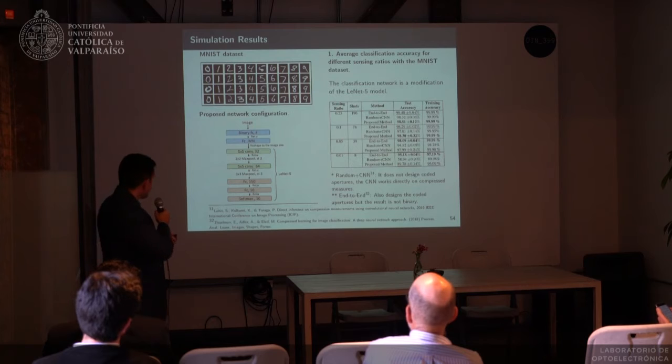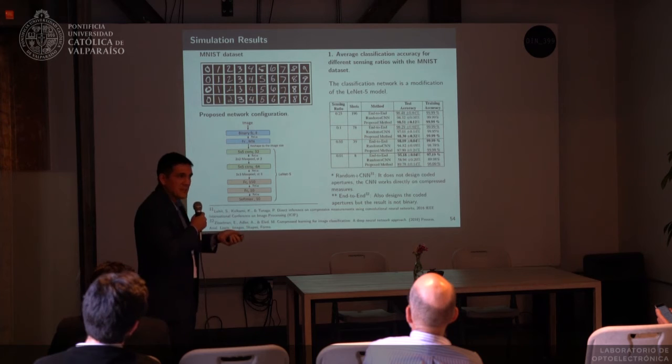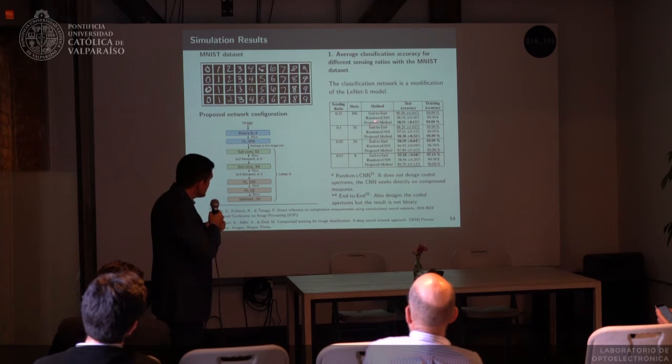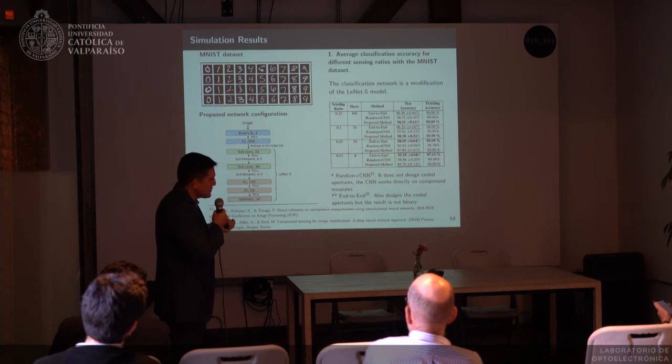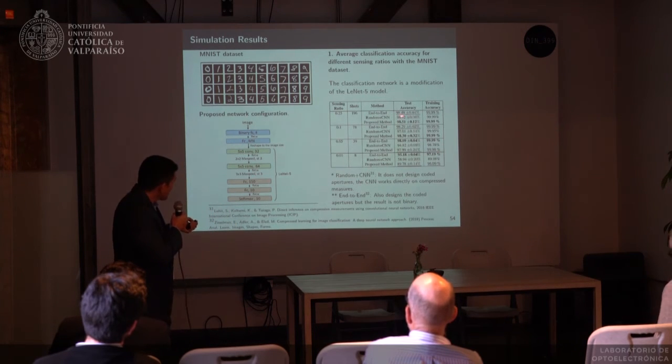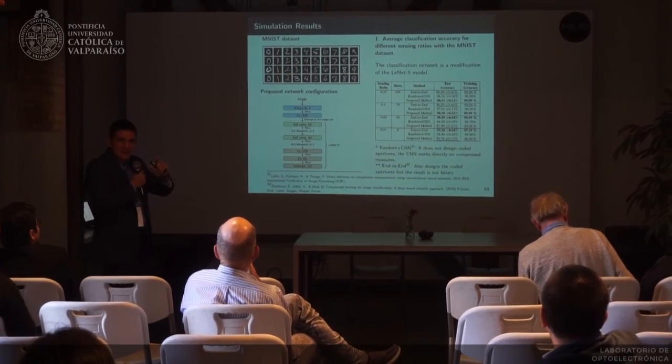Let me show you. This is the fields approach. This is a single database, a number database, very simple. And this is the CNN that we use. This is very common in the literature. And the idea of this is to see what happened with the proposed method. You see the performance in the classification, and you see the performance when you don't design anything, and this is the performance when you have real numbers in the code apertures.